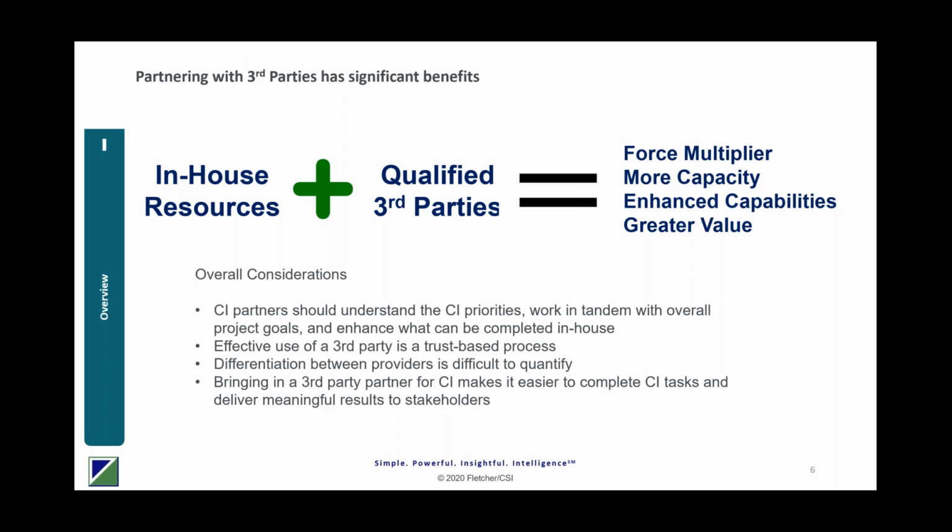Some other things that you should consider when looking for a competitive intelligence partner, regardless of primary or secondary, consider what are your CI priorities and make sure that your partners understand those priorities and are working with you in concert to make sure that what you get is what you actually need.